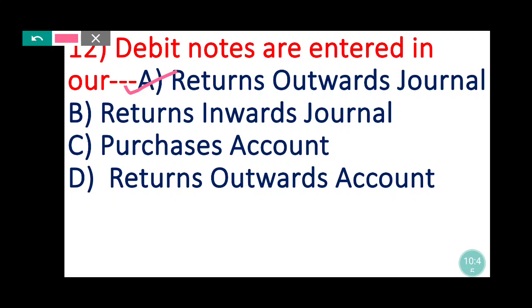When the business is purchasing goods and when it is returning goods, the buyer records transactions in the purchase return or return outward book. At that time, all these entries are from the debit note. So debit notes are entered in the return outward journal, and the opposite of it is the credit note. Credit notes are entered in the return inward journal.